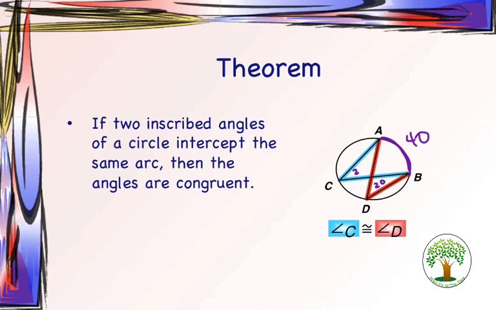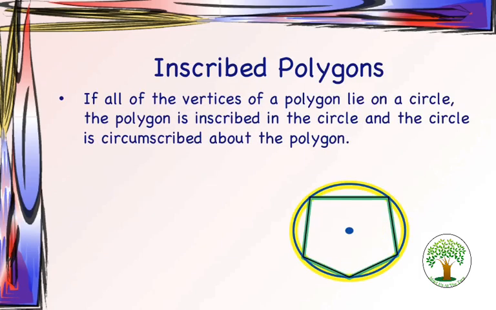And this angle over here is also 20 because they intercept this same arc. That would make them congruent to each other. That's one of your theorems on your page there. You might want to look over that one. I believe it's on one of your note sheets too.